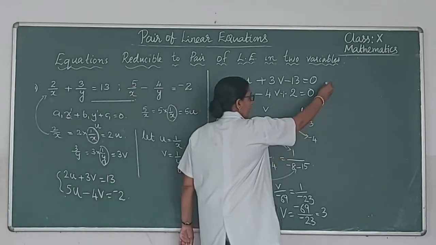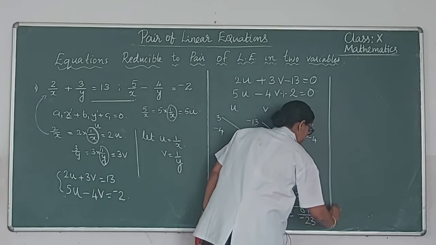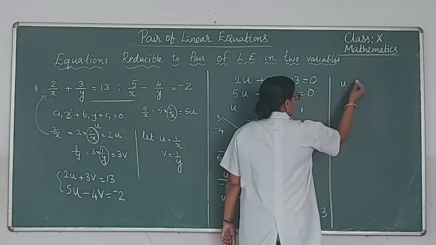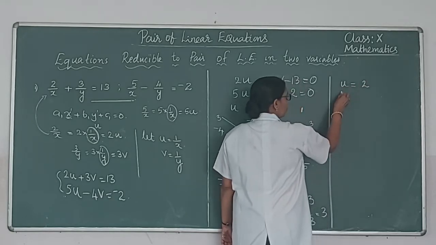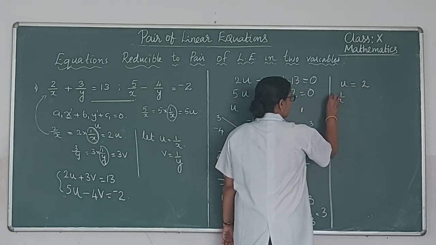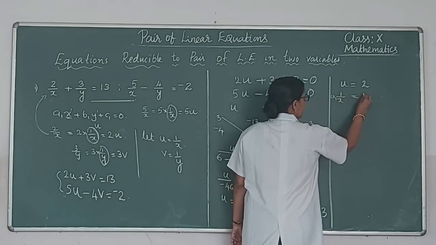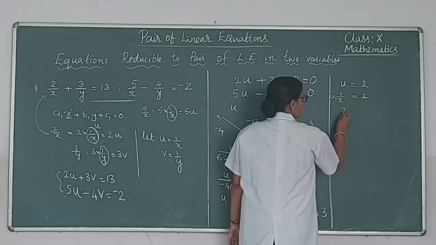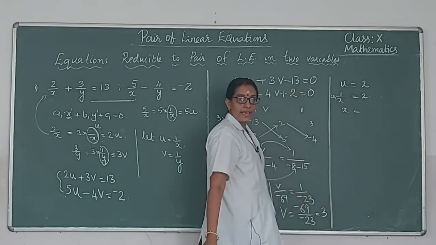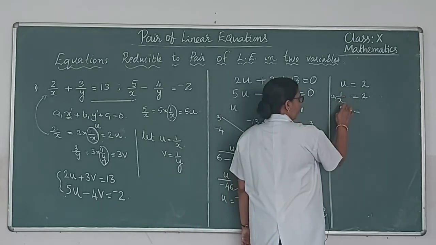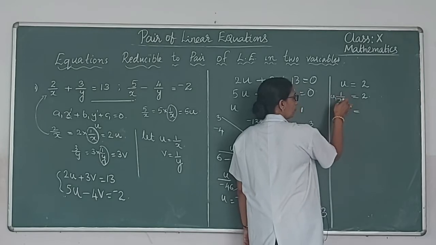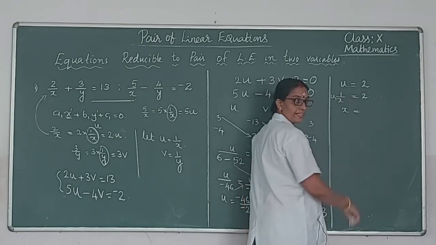So if u is equal to 2, u means 1 by x. That is, 1 by x is equal to 2. So what is x? When we take the reciprocal, it will become x.